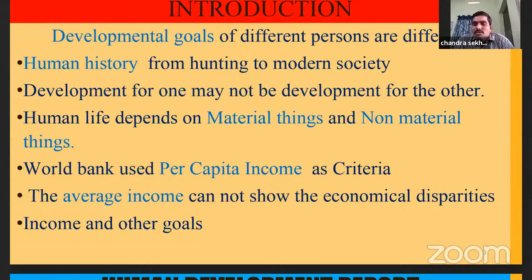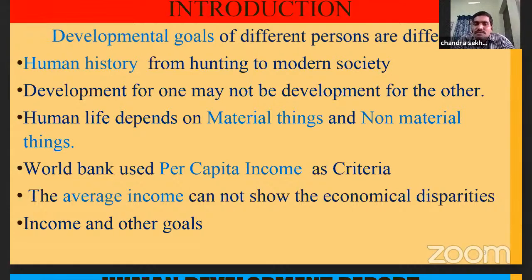Slowly, when they were living on river banks, they started agriculture. When they started agriculture on the river banks, they started living in one place permanently. That was the first step for permanent settlements. Slowly small settlements became big villages, towns, and cities. Like that, human history developed up to now.